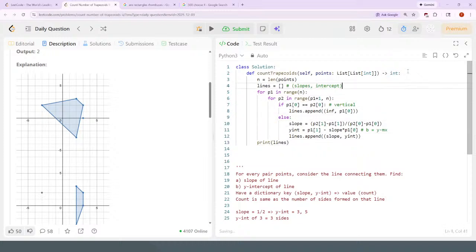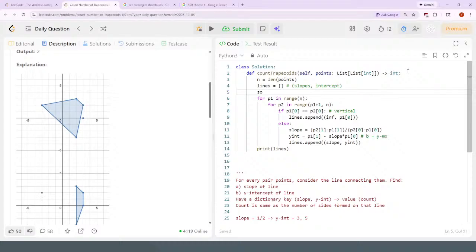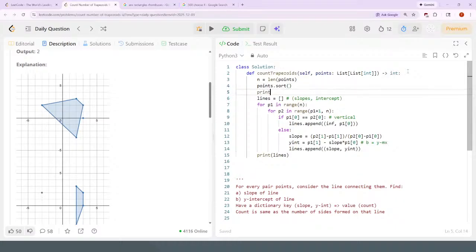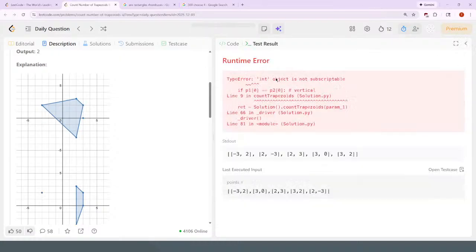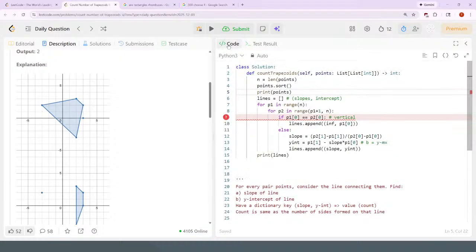And to make this easier on myself, I'm going to go ahead and sort the points. I'm not sure if this is going to make it easier. Maybe. Okay, let's see if this works okay-ish. Not scriptable. Oh, those are indices, that's right.